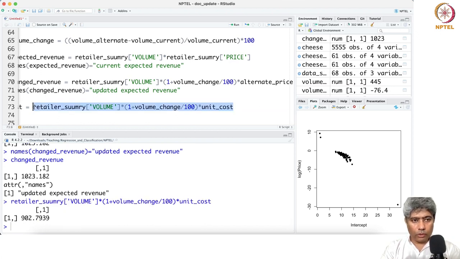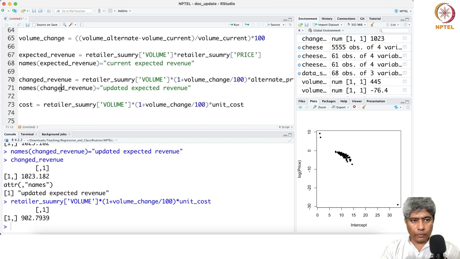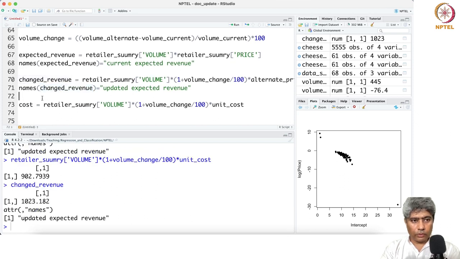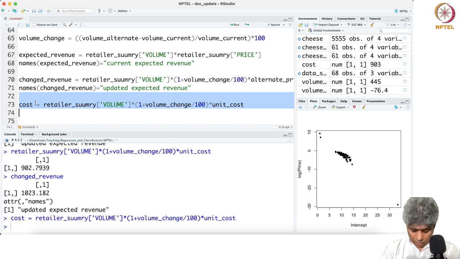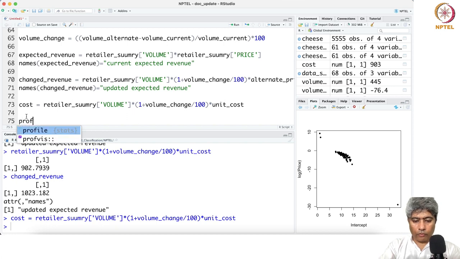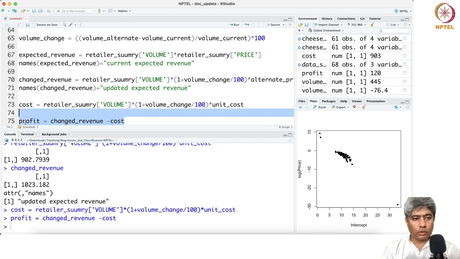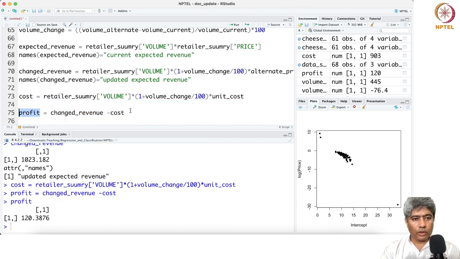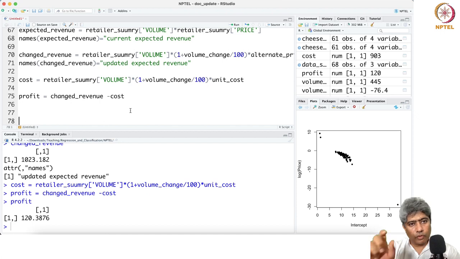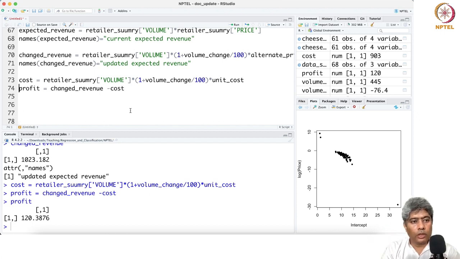So this will be the total cost, and change revenue is this, and profit would be changed revenue minus cost. So the total profit will be $120, from this one particular guy.